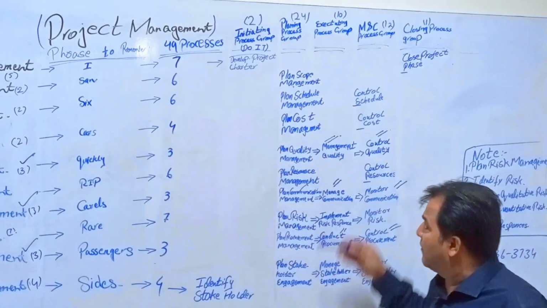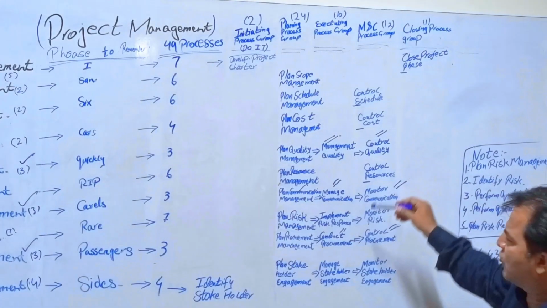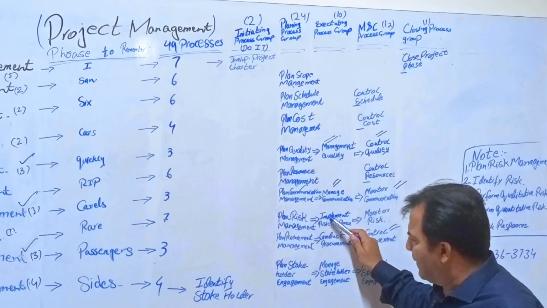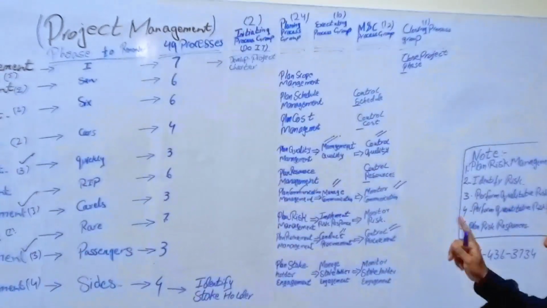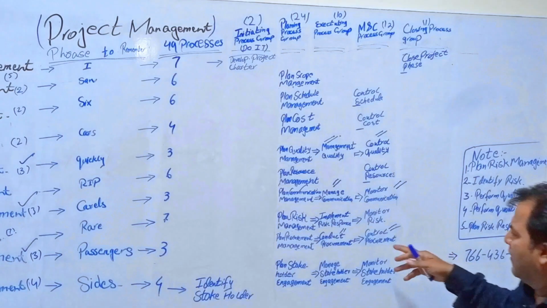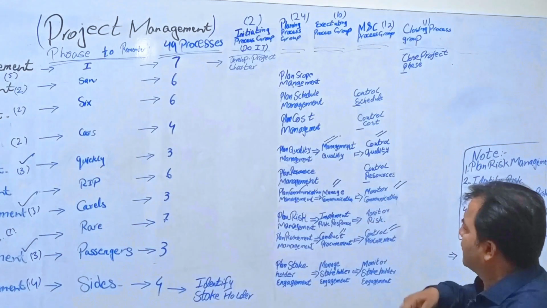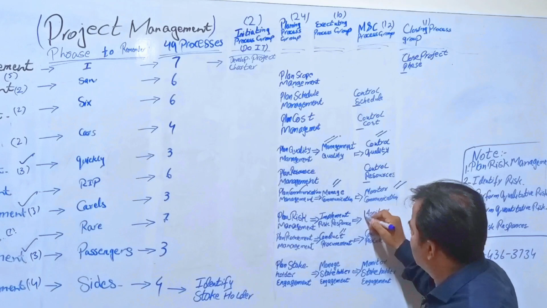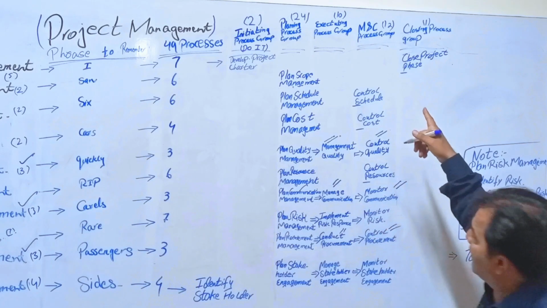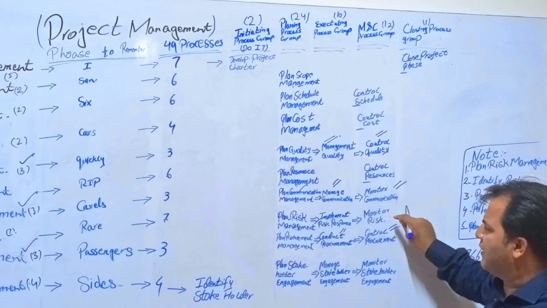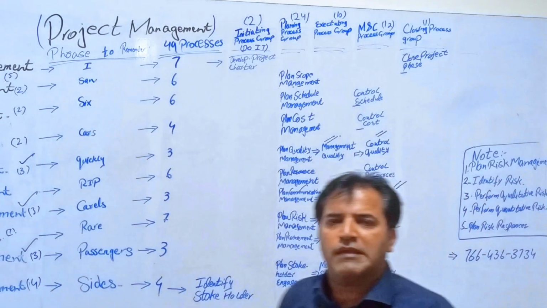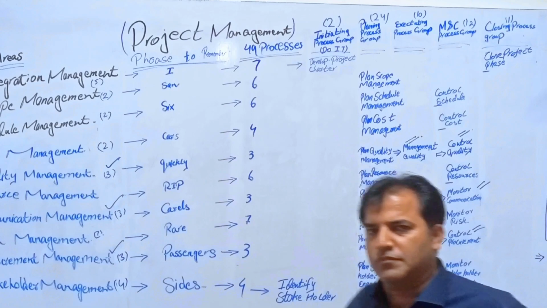The remaining two: one is in the executing process group, implement risk responses. After implementing, the next one is monitor risks, which is in the monitoring and controlling process group. So these are the seven processes in risk management.